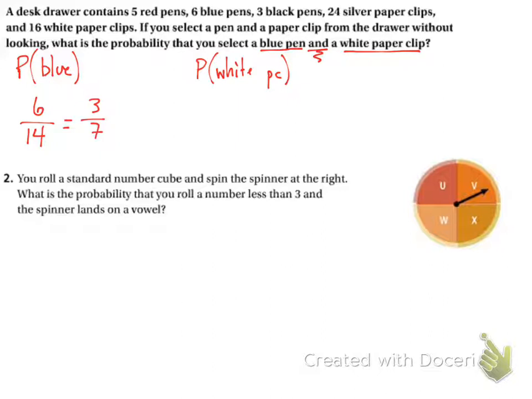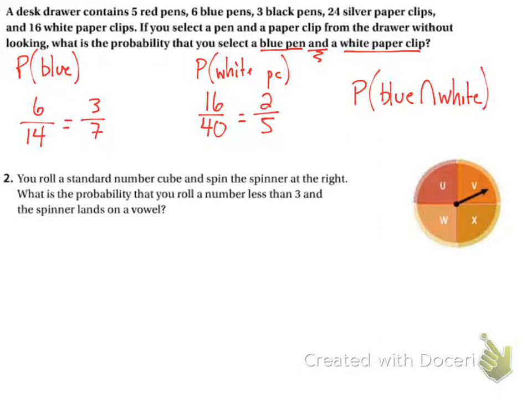For the white paper clip, I've got 40 total paper clips, with 16 of them being white, and that reduces down to 2/5.